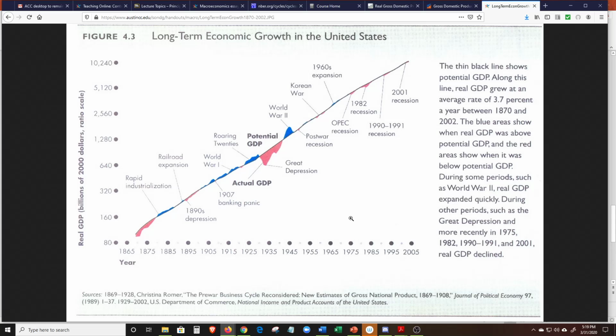And really, later in the course, I'll come back to this, but what she's saying is that the belief that Keynesian interventions helped this period is pretty much disproven by the fact that it doesn't look any better than this period back here if you use the same method to measure real GDP.